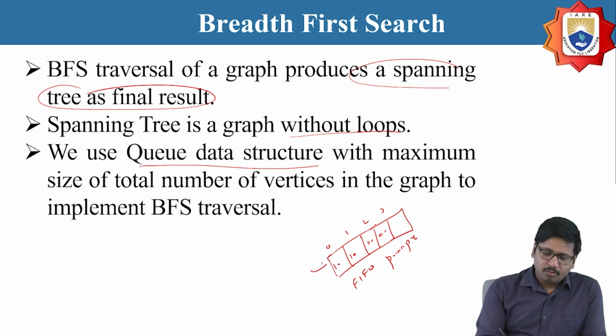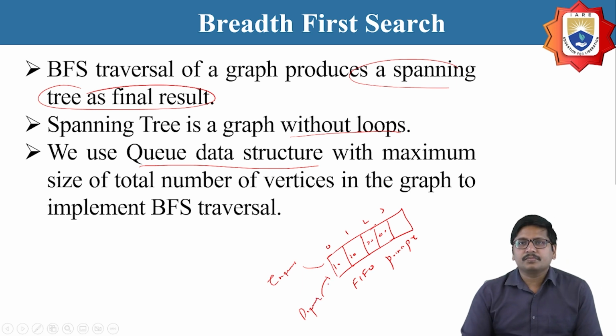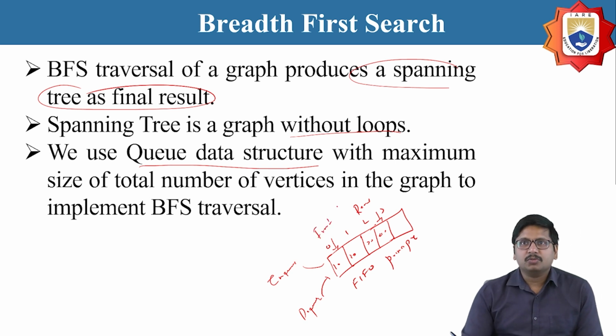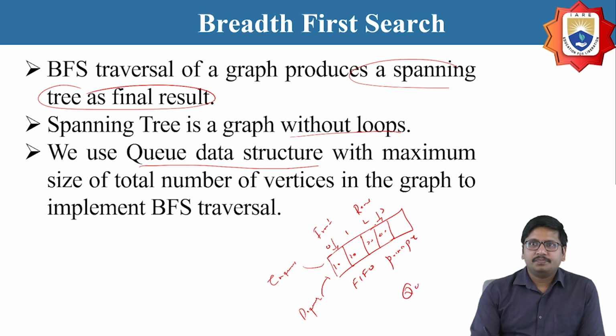Here the operations performed are the enqueue operation and then the dequeue operation. The enqueue is performed at the rear end, whereas the deletion operation is performed at the front end. So this is the queue data structure.